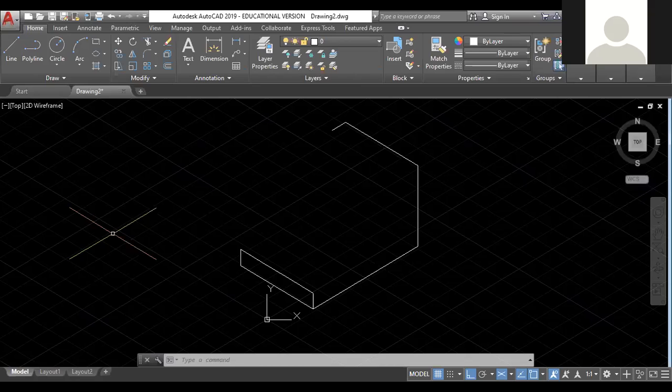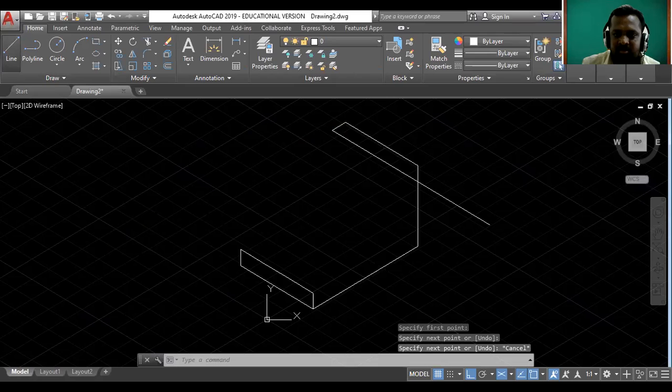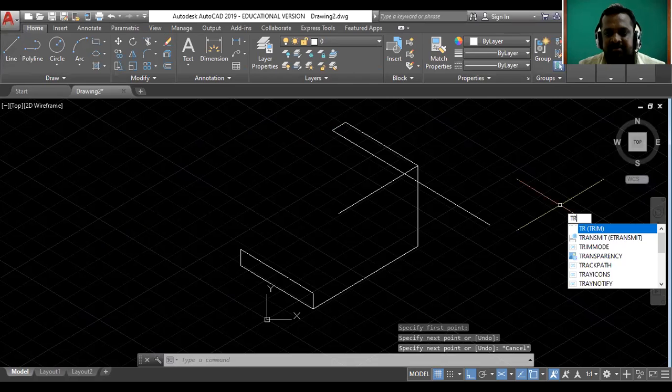Okay, then tell me the procedure here. Take the line. First we will draw this so that it will become easy. Enter, escape. Take the line and from this point here. Then trim the remaining portion here. PR, double enter.